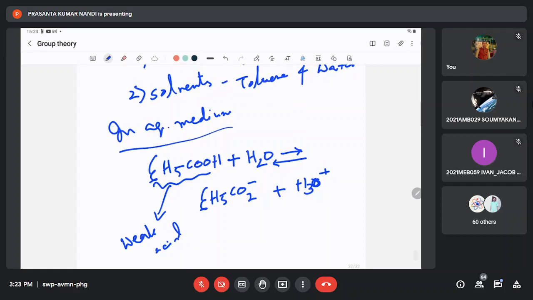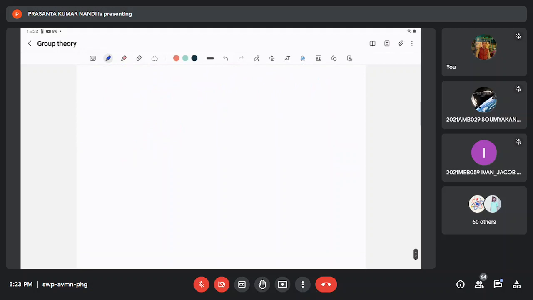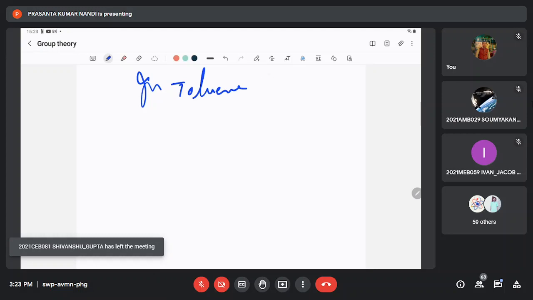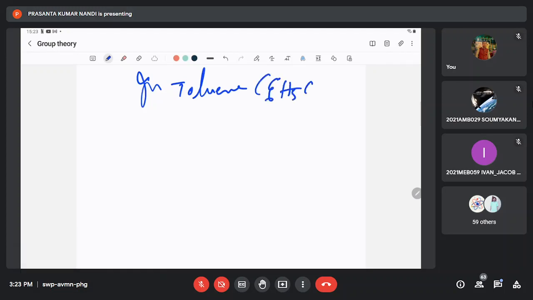But if I put benzoic acid in toluene, what would happen? Can you guess? In toluene, what should be the nature of dissociation or association of benzoic acid?